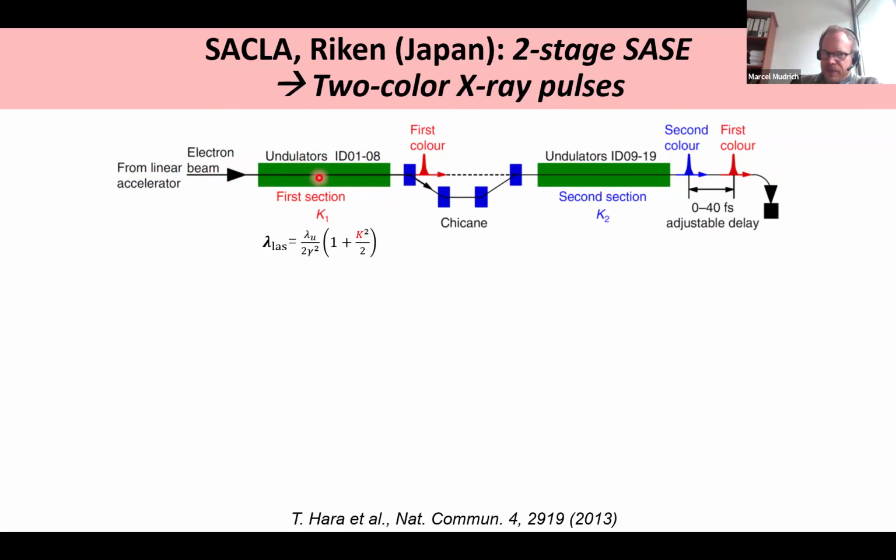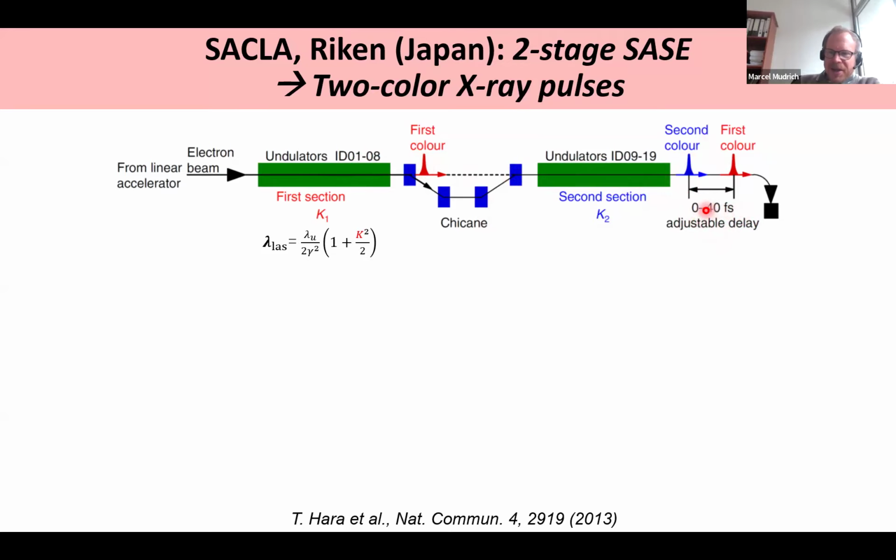Then the electron bunch is deflected across this magnetic chicane. This, of course, delays the electron bunch when it arrives in the second undulator. So here the second undulator, which produces the blue pulse compared to the red pulse in the first one, is produced with some time delay, which can be adjusted in this range of 0 to 40 femtoseconds.